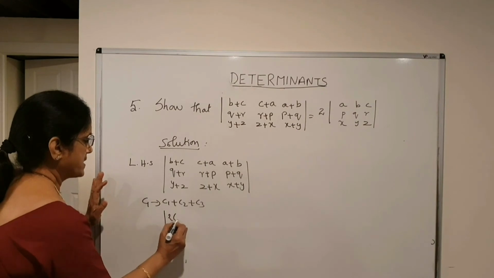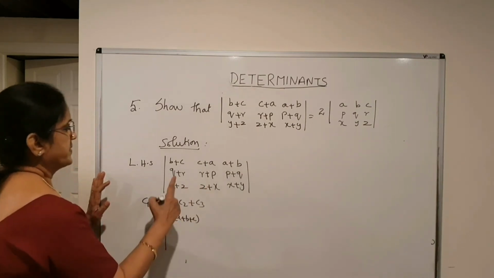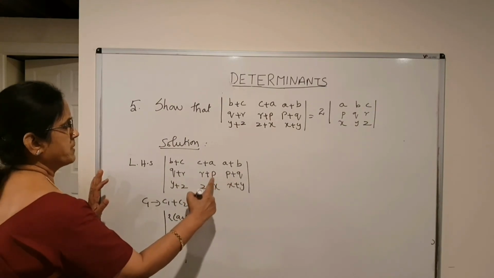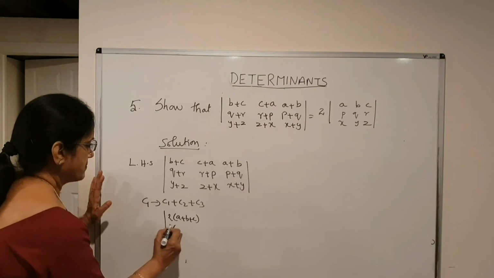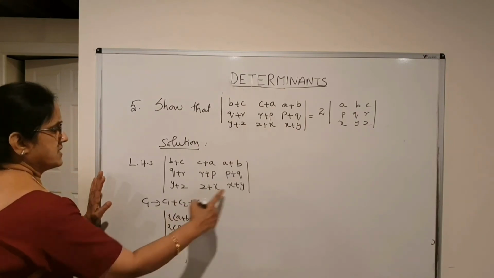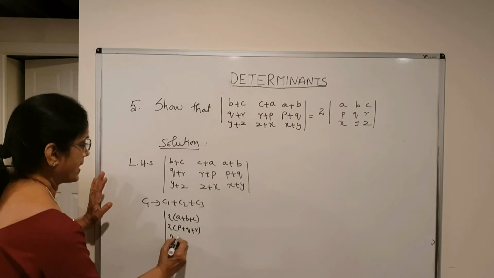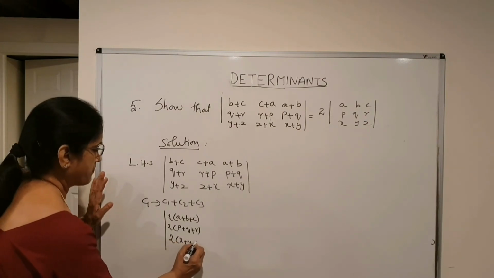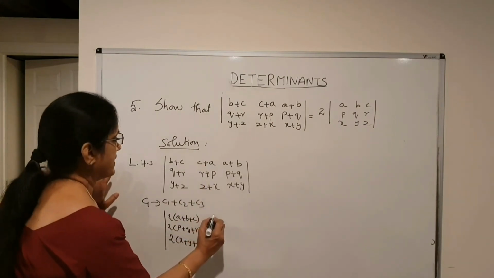So 2 times A plus B plus C. Then here 2Q, P plus P, 2P, R plus R, 2R. So 2 times P plus Q plus R. Same way the third row will be, here if you see, you will have 2 times X plus Y plus Z.